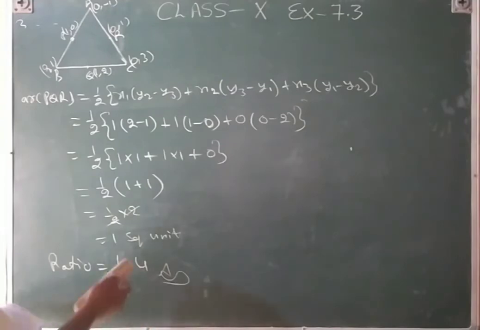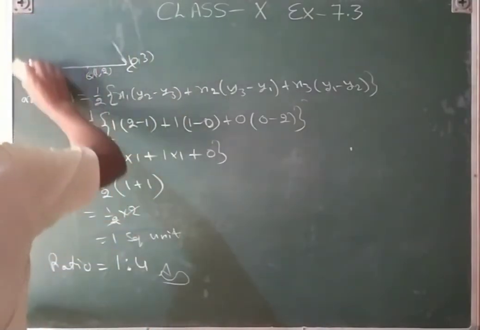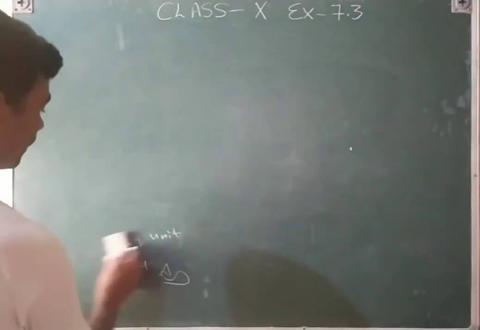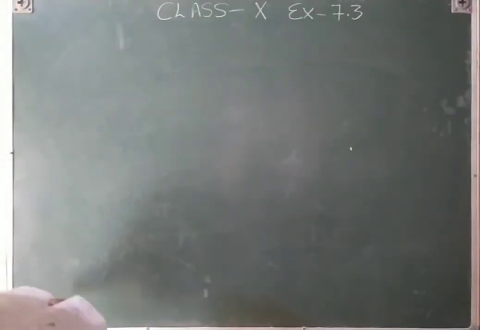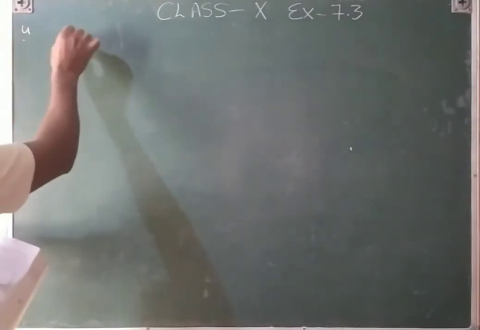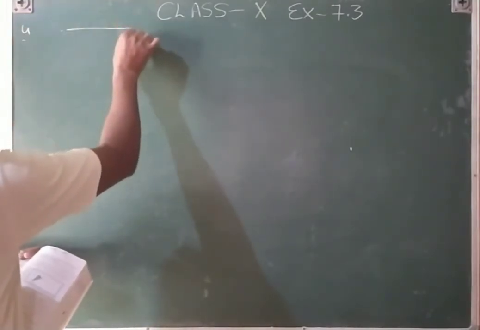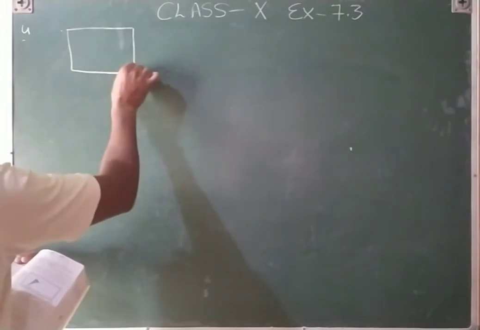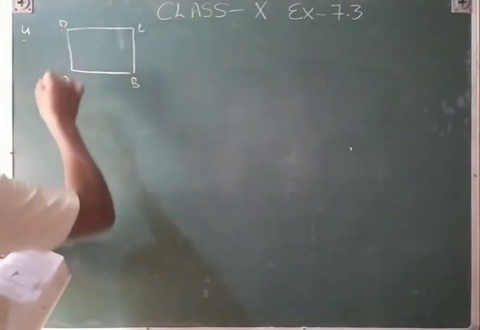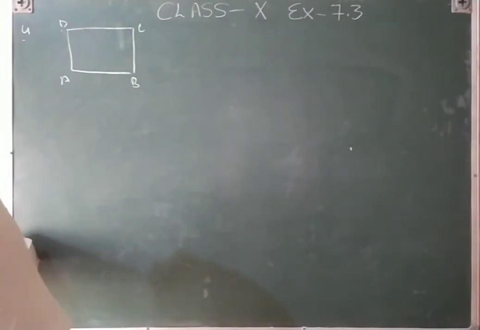So what will we do in that one? Very simple, just a lengthy type of question. Two times you will find the area. Fourth, first of all draw the quadrilateral A, B, C, D. What is this?